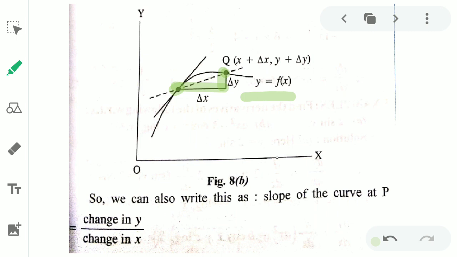So we conclude that the slope of the curve at P represents the change in y with respect to x. It means if we calculate instantaneous velocity, instantaneous acceleration, and so on, we utilize the derivative property.